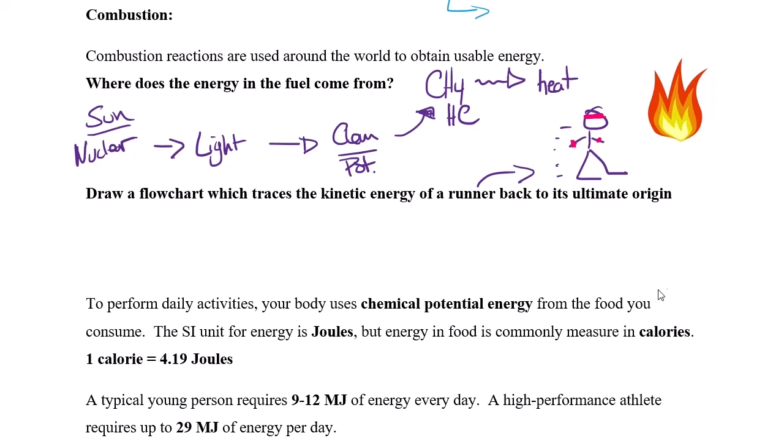So this runner, he's running. What kind of energy does he have? He's got kinetic energy, energy of motion. So that's the kind that he has in the runner, right? Now, where did that come from? So the kinetic energy that the runner has comes from the food that the runner ate. And the food has got chemical potential energy.